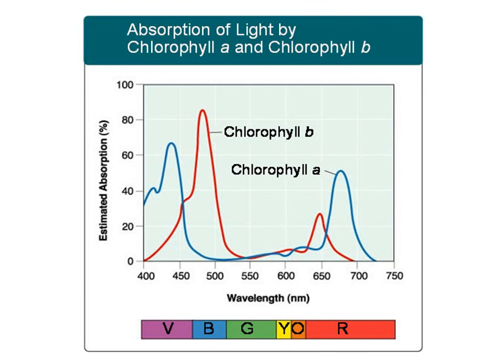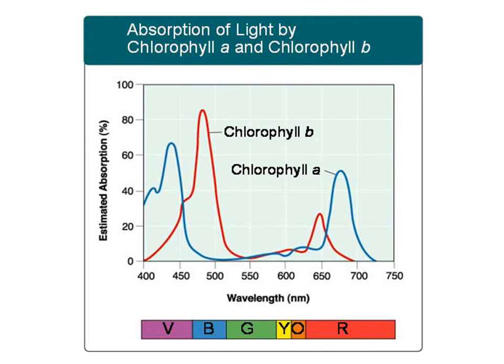So this blue line is showing us the wavelengths that chlorophyll A absorbs, and more importantly, it shows us which wavelengths it reflects. So therefore, it reflects wavelengths between 500 to 600, which is blue and green.